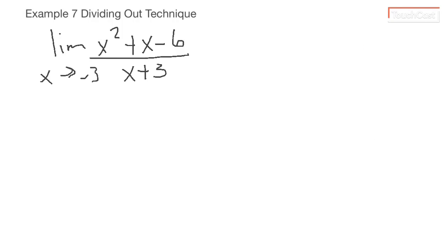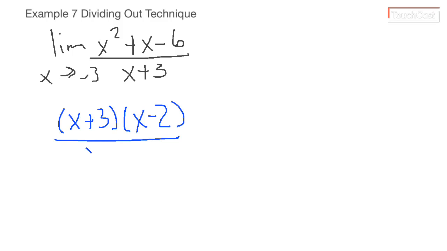So since direct substitution didn't work, let's see if we can factor x squared plus x minus 6 and see if we're able to find a common factor between the numerator and the denominator. x squared plus x minus 6 is factorable. It's going to factor into an x plus 3 and an x minus 2.